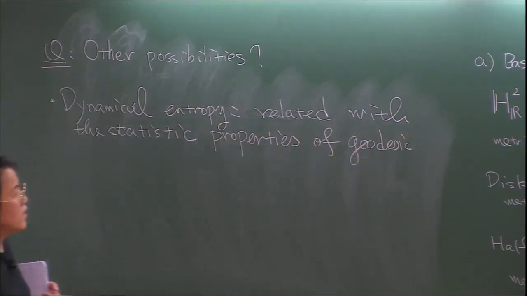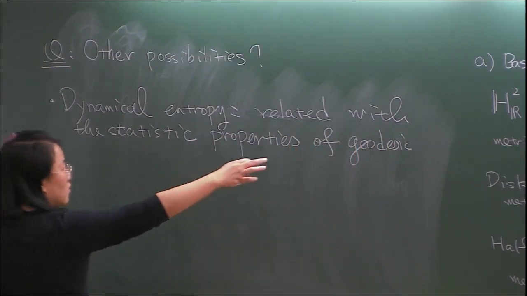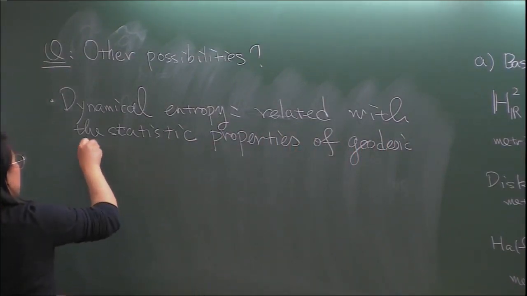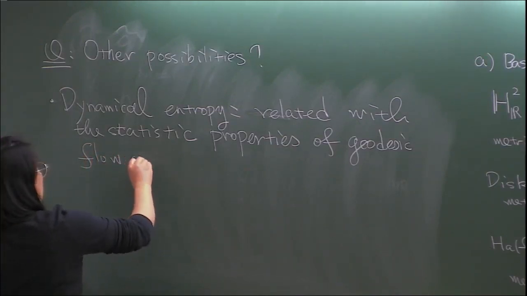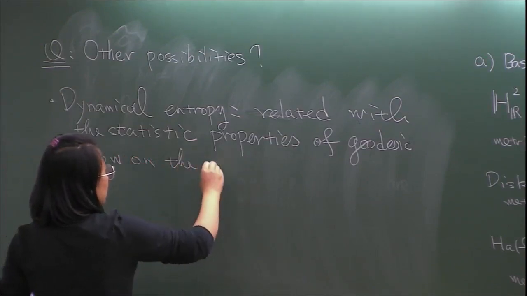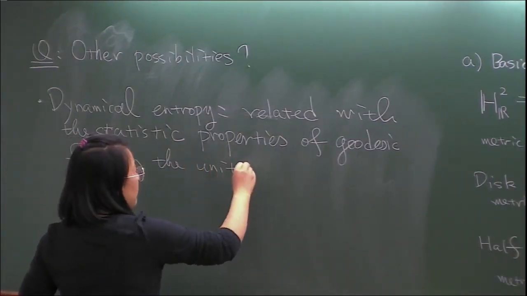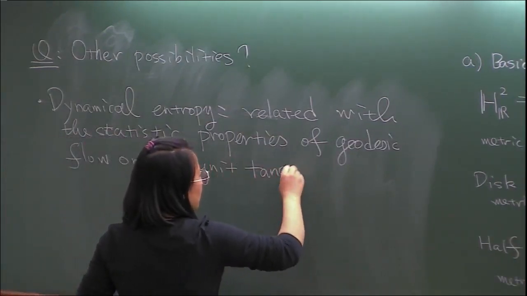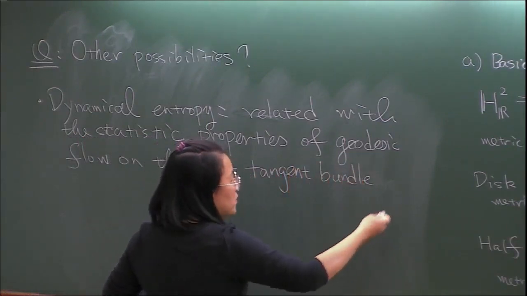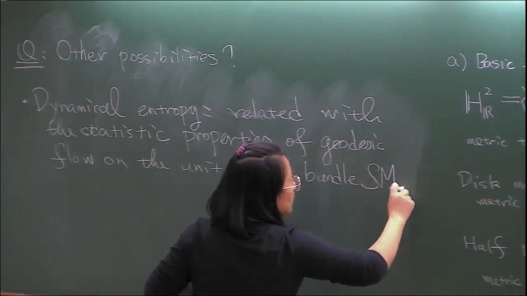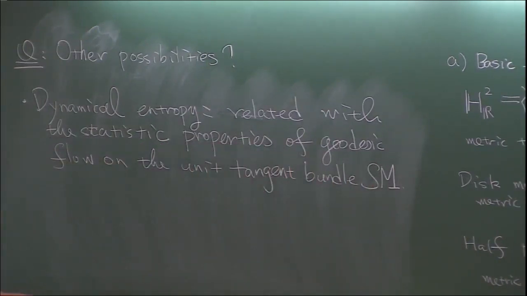When we say dynamic, it means related with the geodesic flow. This is one typical example. This is on the unit tangent bundle. We will use the notation SM for the unit tangent bundle.